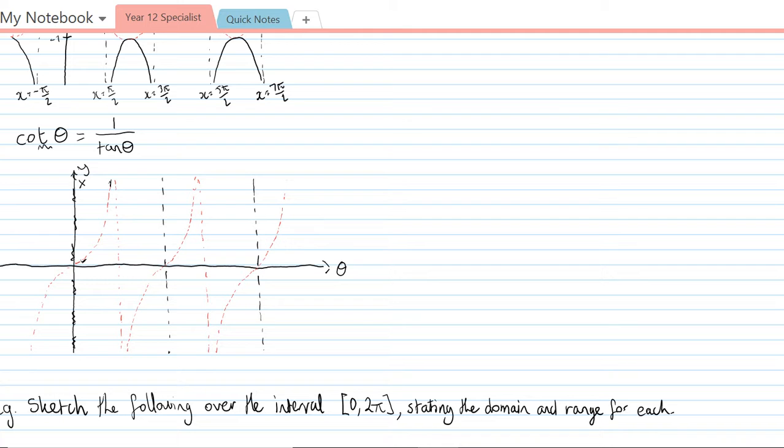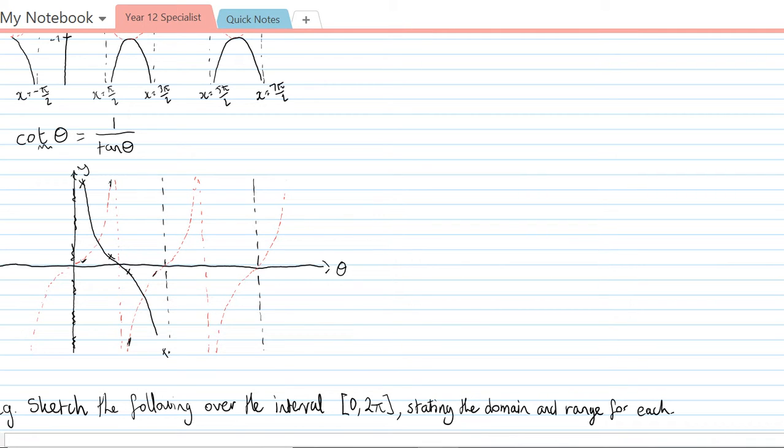And so 1 divided by a very large number is actually going to be a very small number. And then if I consider down here somewhere, we've got 1 divided by a very large negative number, which will be a very small negative number. And over here, considering this section, well, 1 divided by a small negative number is going to be a large negative number.